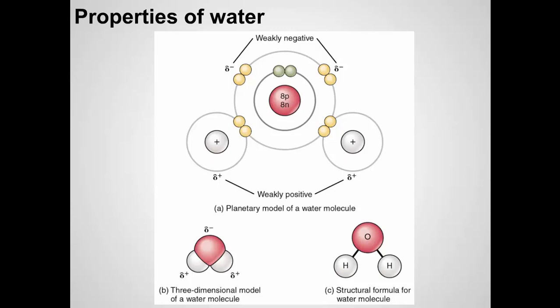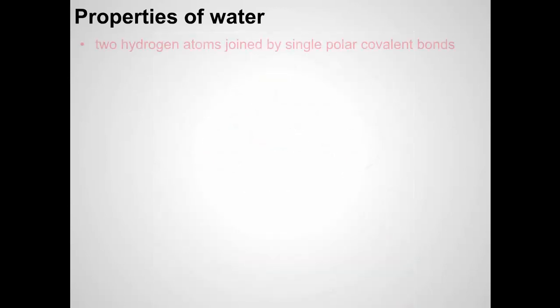So what this means chemically is that if we imagine a water molecule, the oxygen portion has a slightly negative charge. The 2 hydrogen portions each have a slightly positive charge. What this means is that water molecules are attracted to each other.